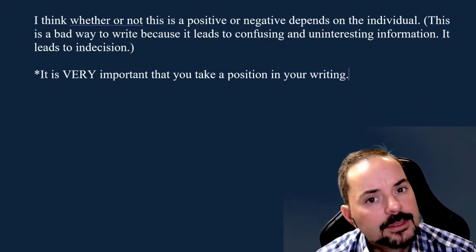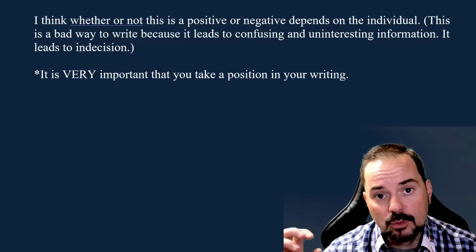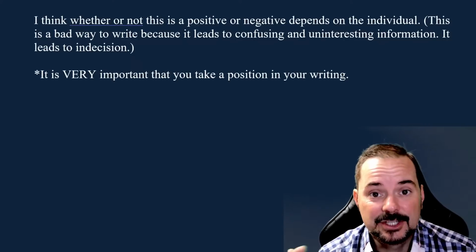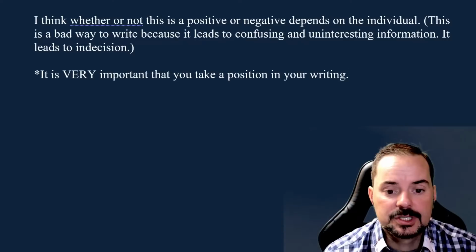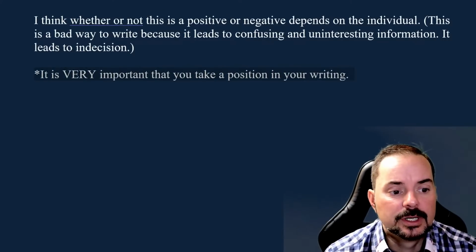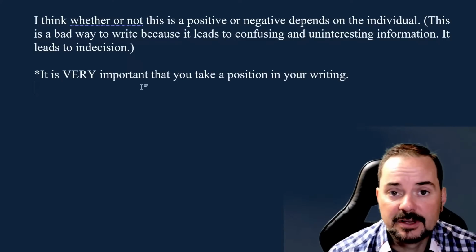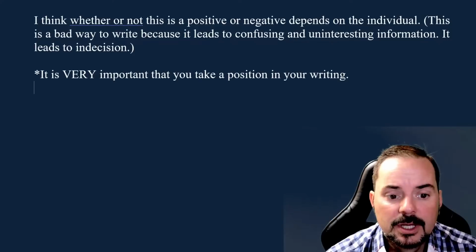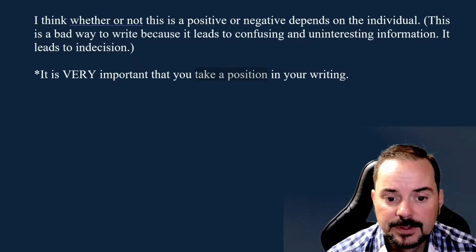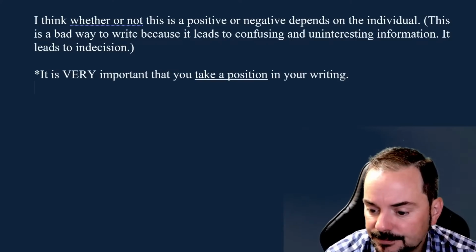I don't think that they actually learned properly the importance of what's called discourse or rhetoric in university or college. Because if they remember back to their university classes, their professors were constantly reminding them to take a position in their arguments. Okay, it's very important.